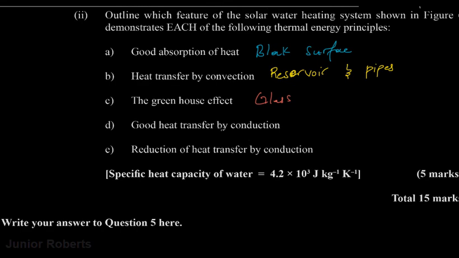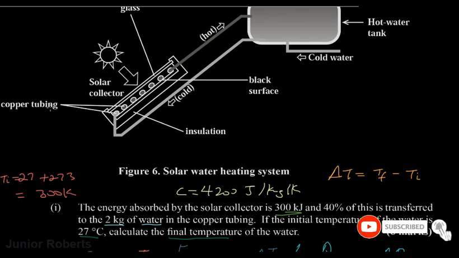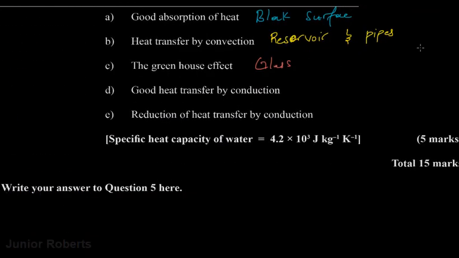Now good heat transfer by conduction. Right, again looking back at our diagram, we have our copper tubing right here. We know that copper is a good conductor of thermal energy, and it's going to be responsible for conducting the thermal energy from this dark surface into the water that is actually housed inside this copper tubing. So we're going to say our copper tubing, right, and then finally the reduction of heat transfer by conduction.